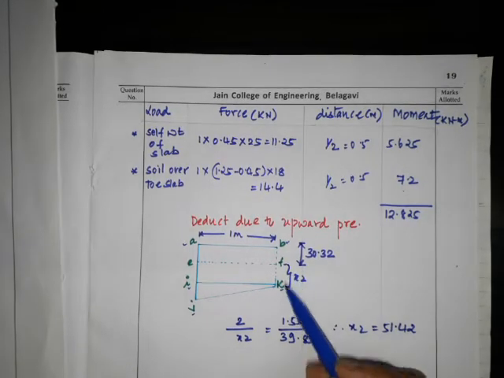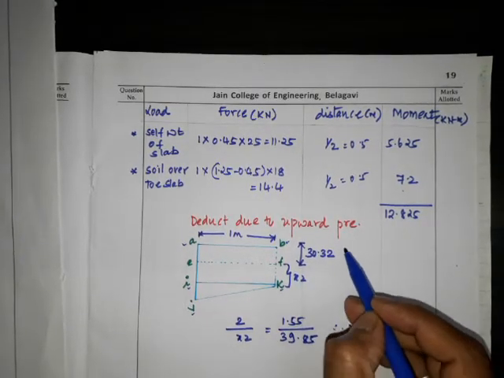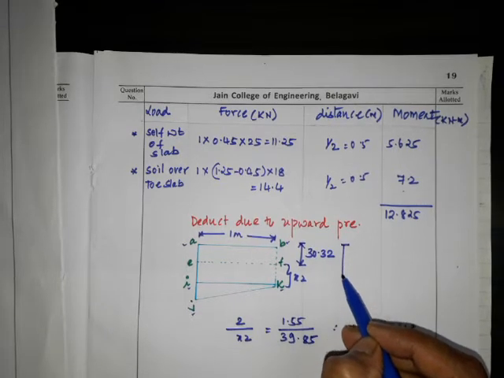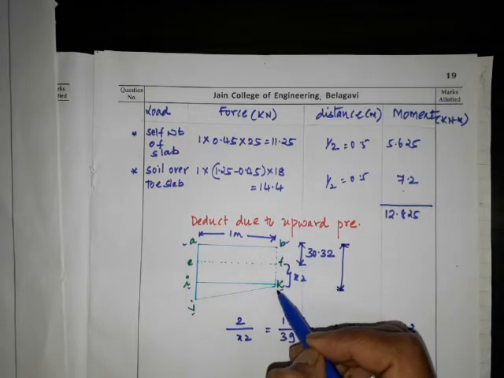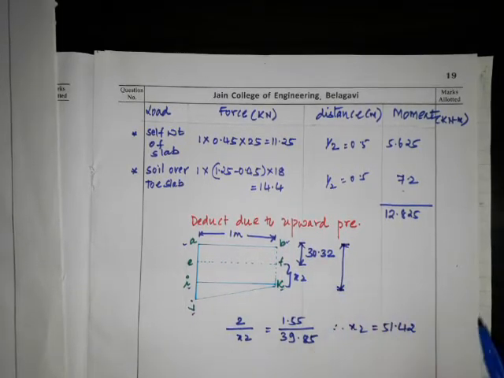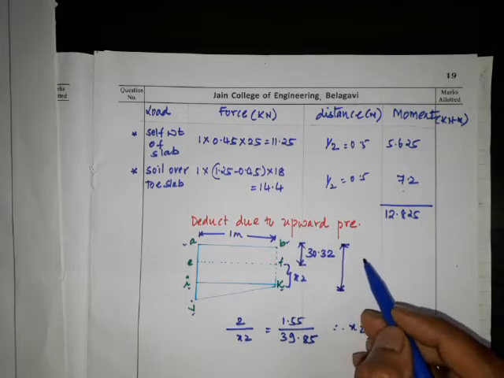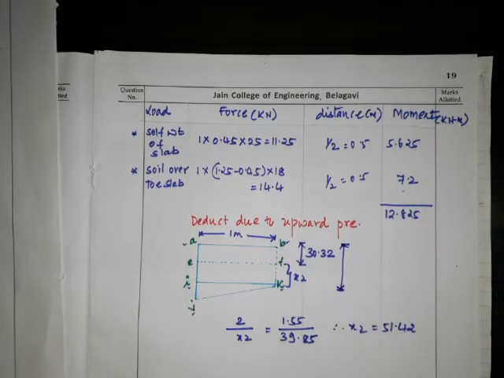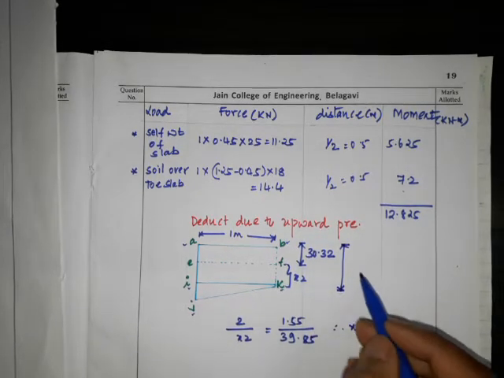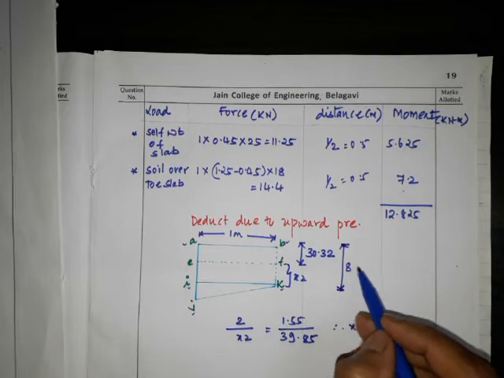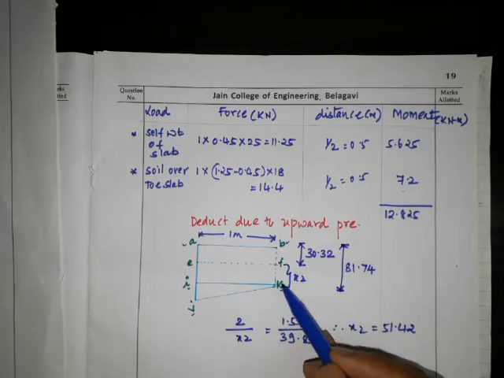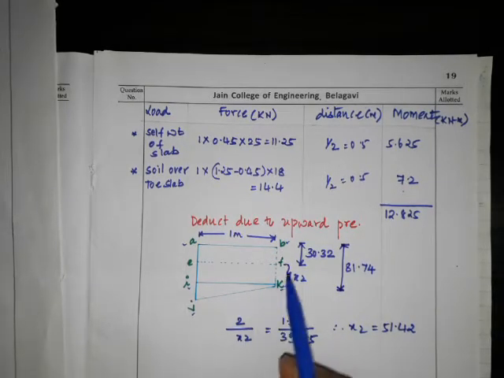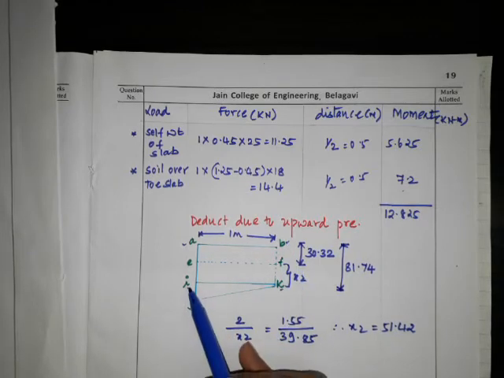The value of x2 is 51.42, and because of that the total, this BK, that is 30.32 plus 51.42, we get 81.74, this height BK.